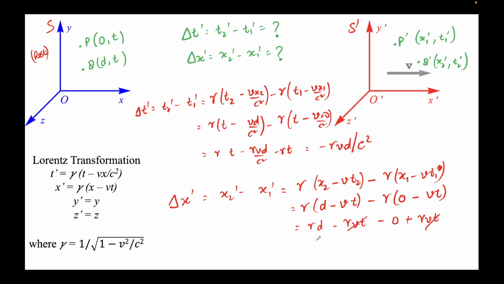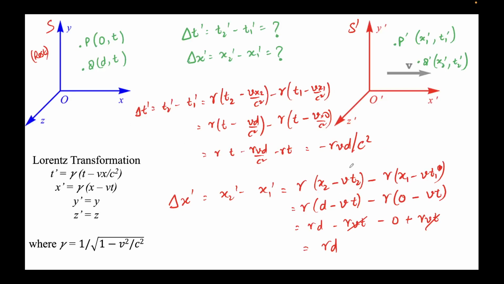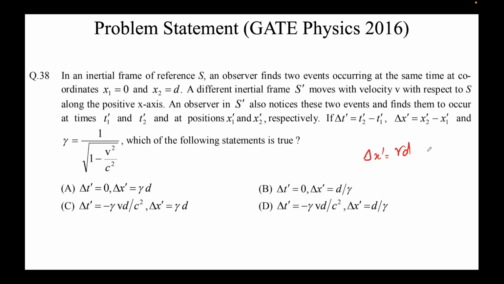This and this get cancelled, so what we get is gamma d. So I'm getting delta x prime as gamma d, while I'm getting delta t prime as minus gamma v d over c squared.